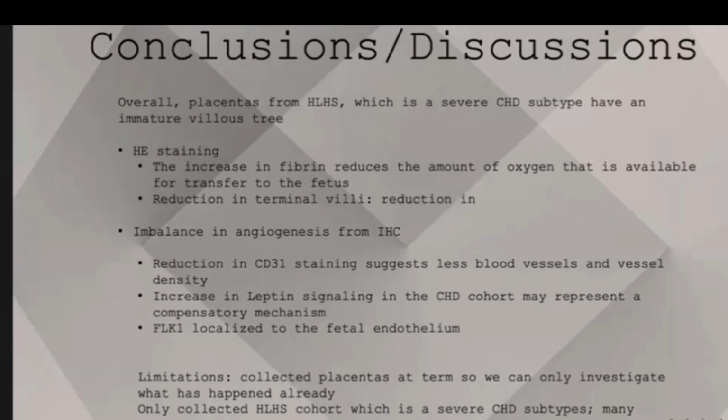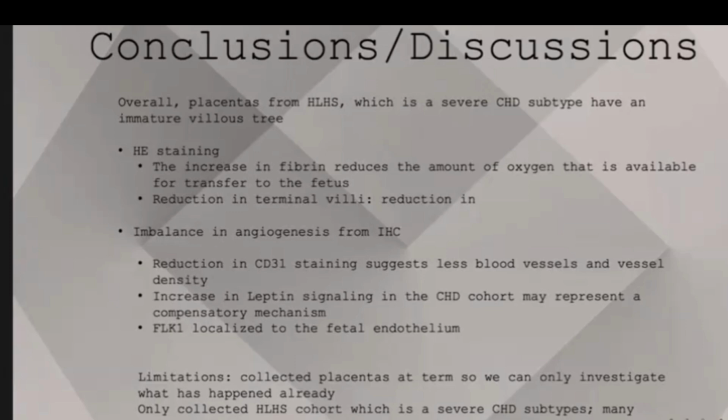All of this shows us that the in utero environment of the placentas in the CHD cases is hostile. The placenta is desperately trying to compensate, trying to get more oxygen, and this overall creates a hypoxic environment.